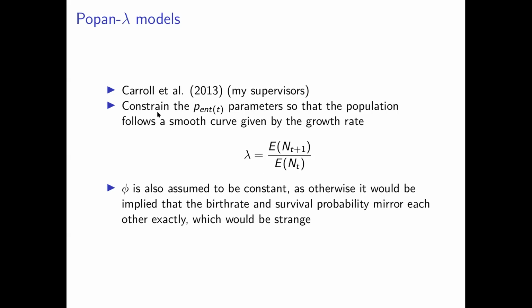When you constrain these parameters so that the population is growing at a constant rate, you also should constrain the survival probability to be constant throughout the study, because otherwise you'd be saying that the survival probability can go up and down, but the population growth rate is constant, and that means that the birth rate for the animals would be going up and down exactly opposite to the survival rate.